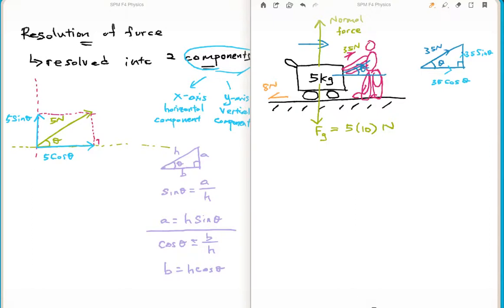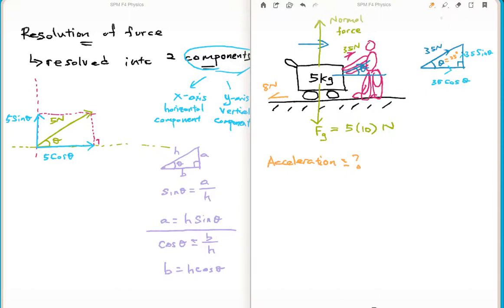The angle between the horizontal and the force of 35 Newton is, say, 25 degrees. This is now 25 degrees. You are now asked, since there is friction, it's going to accelerate. Now, what's the acceleration? The rule is, if you have friction, then you're going to have acceleration.